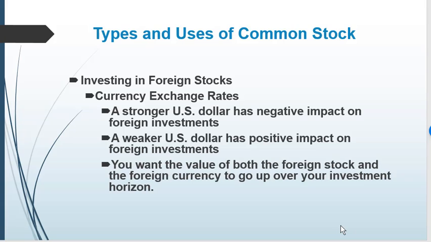So if you want a higher return on the foreign side internationally, then you are looking for a time when the United States is experiencing a weaker dollar. So you want the value of both the foreign stock and the foreign currency to go up over your investment horizon, right? We want to see that increase over time.